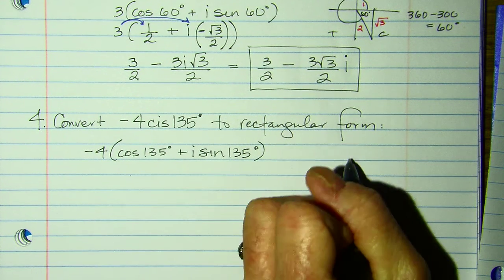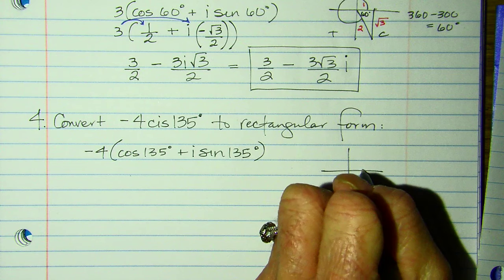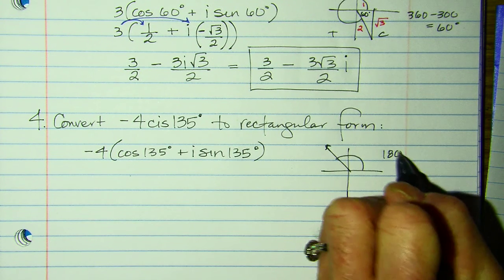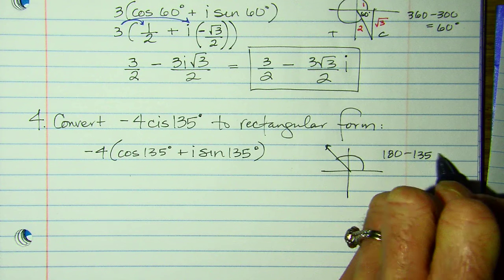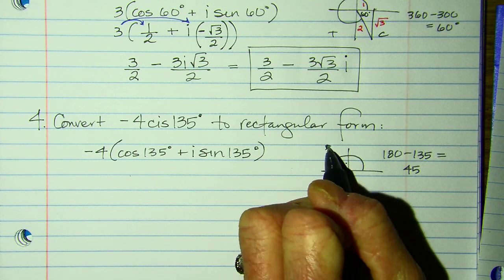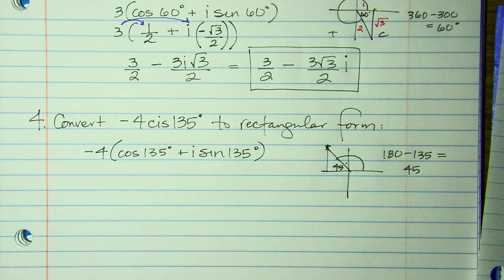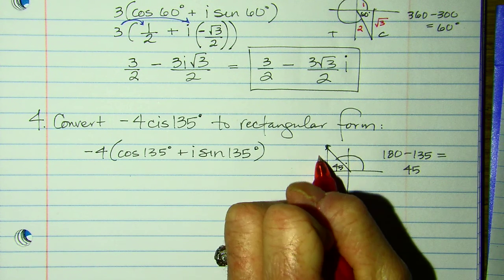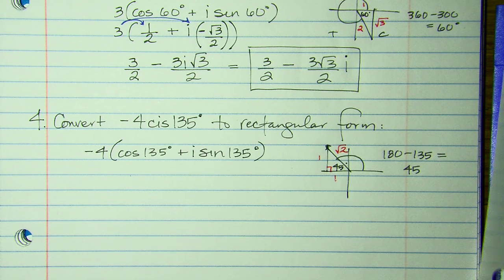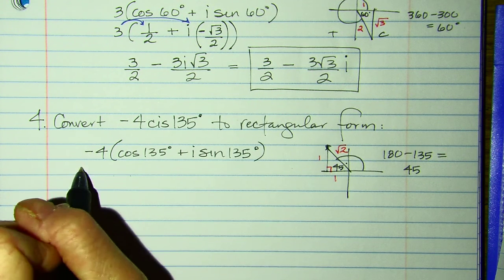Then I'm going to draw a picture. 135 puts me here, and 180 minus 135 equals 45 degrees. So this angle here is 45 degrees. So I'm going to label that special right triangle: 1, 1, root 2. I'm going to keep my negative 4 out here.